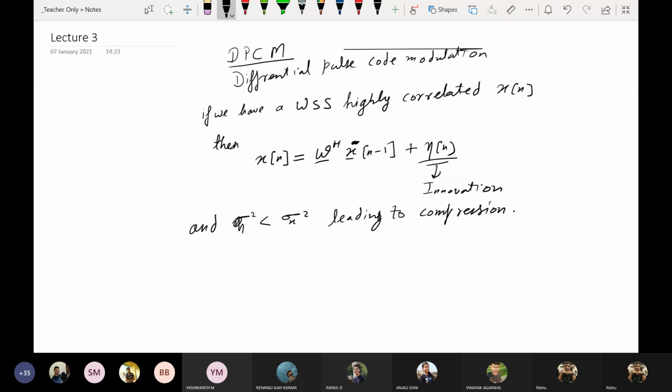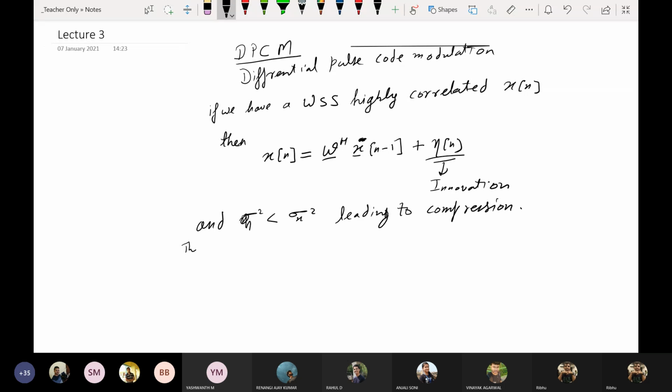Based on this, now the question is how to get eta n from xn. Right? How to get eta n from xn?